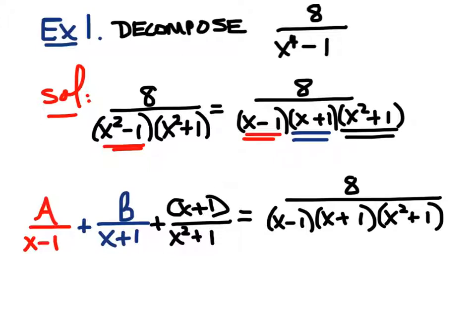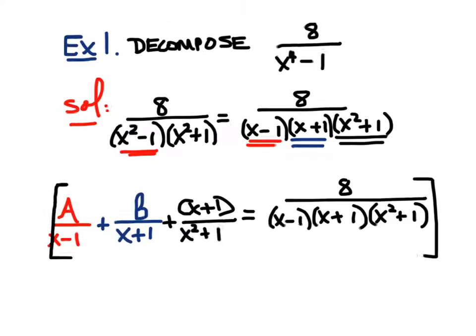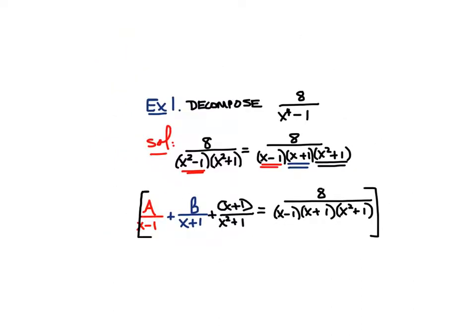Okay. So now the next step is to take this equation as a whole and multiply both sides of the equation by this denominator. So on the right we're going to multiply by that, and on the left we're going to multiply by that.